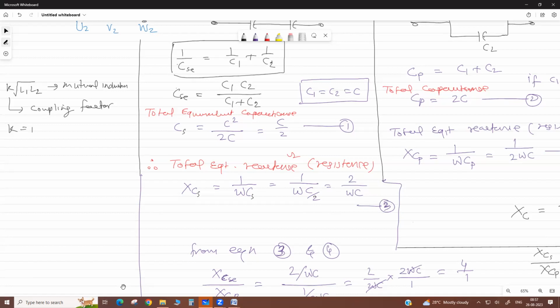Suppose there is an incoming frequency in a wave trap, like in communication lines.